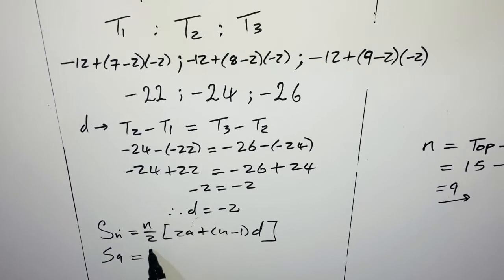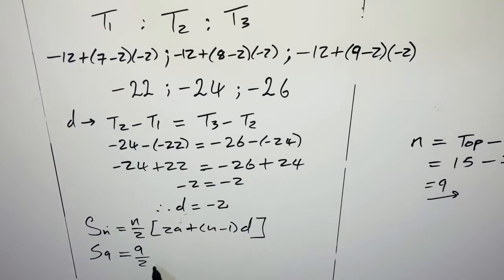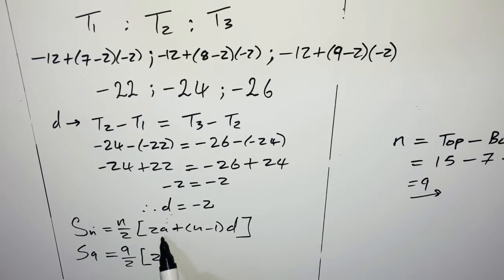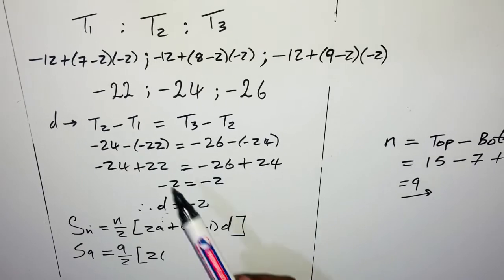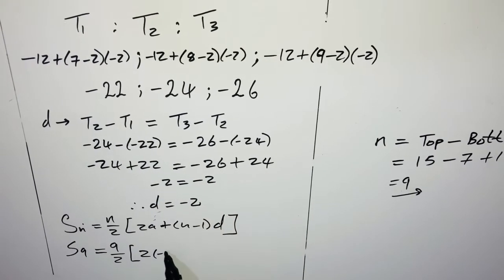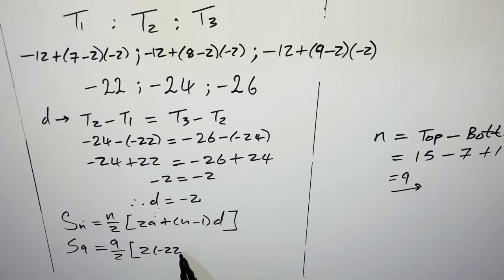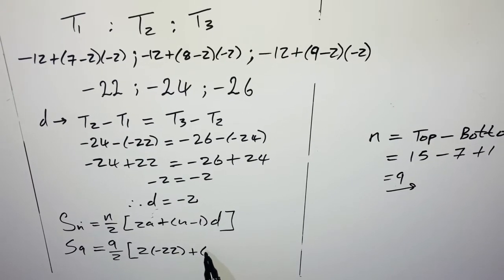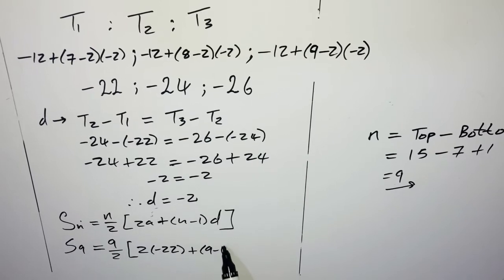When n is 9, we put 9 over 2. Then 2 times a, where a is the first term of the sequence, which is negative 22, plus my n, which is 9 minus 1.